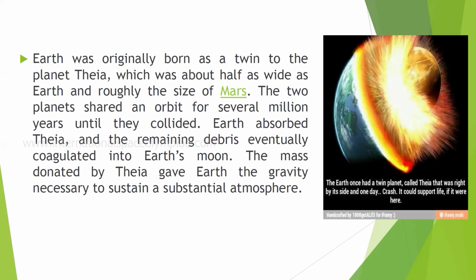Earth absorbed Theia, and the remaining debris eventually coagulated into Earth's moon. It is the mass donated by Theia which gave Earth the gravity necessary to sustain an atmosphere. If that had not happened, maybe we wouldn't be sharing our knowledge now.